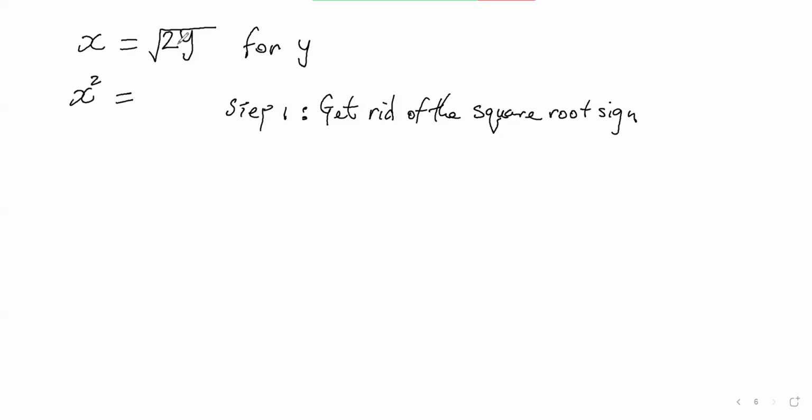Now, anytime you square everything, you square what was in the square root. Let me show you. It becomes just only what is on the inside.